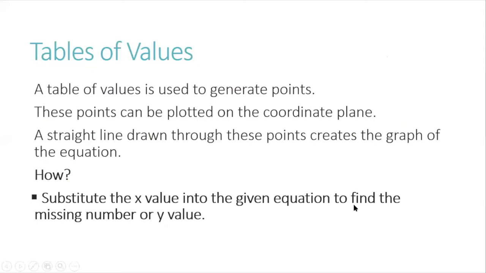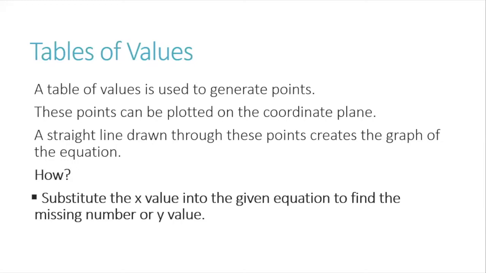So what is a table? A table of values is used to generate points, or your coordinates for the graph. And so these points can be plotted on the coordinate plane. A straight line is drawn through the points that creates the graph of the equation. So how do we compute this table of values? Or how do we get the values on this table?